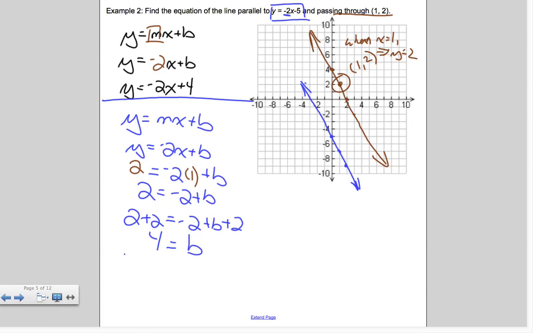So therefore, the equation is y is equal to negative 2x plus 4. So now we determined this algebraically without having to draw a graph and map back to the y-intercept.